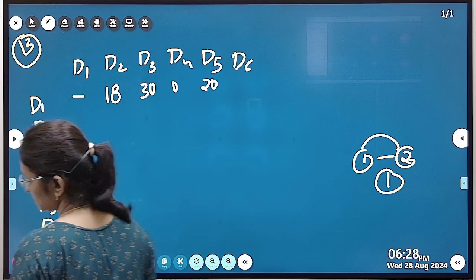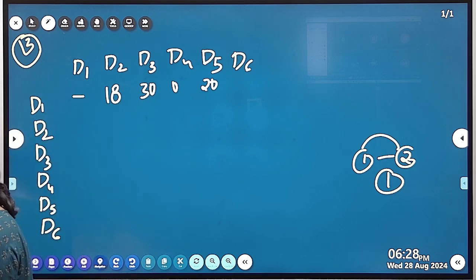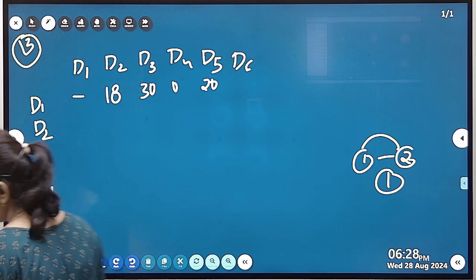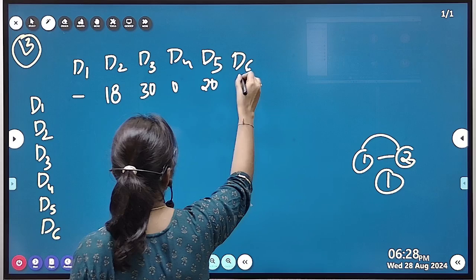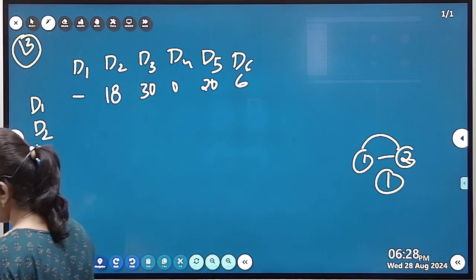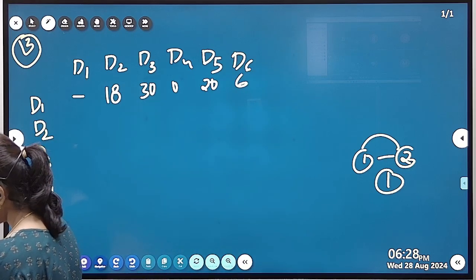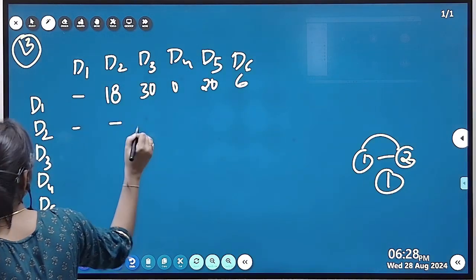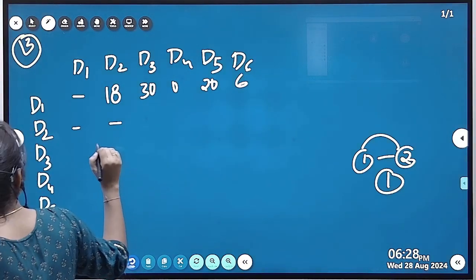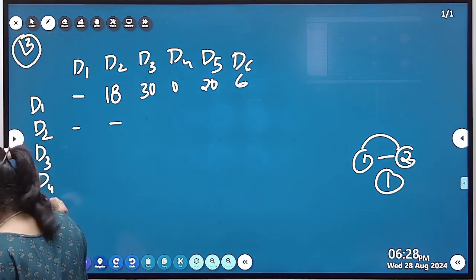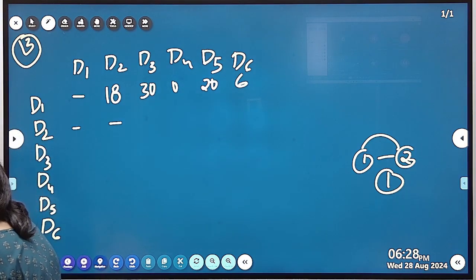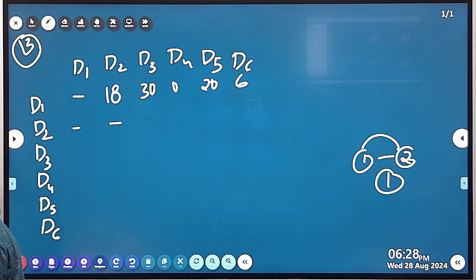Next D6, 6, and it's only 6, because the other is 0, right? 6. So D2 to D3: D2 to D3 is 6, and D3 to D2 is 6, so 12.